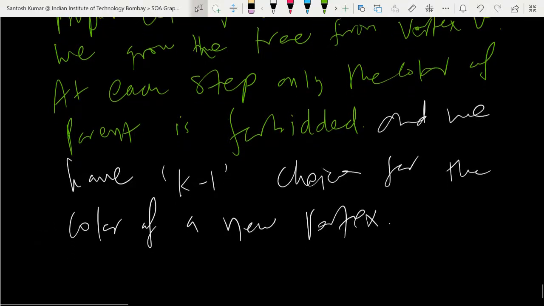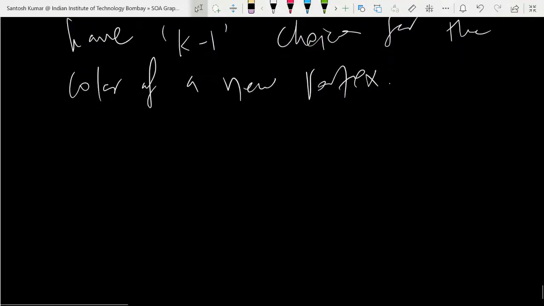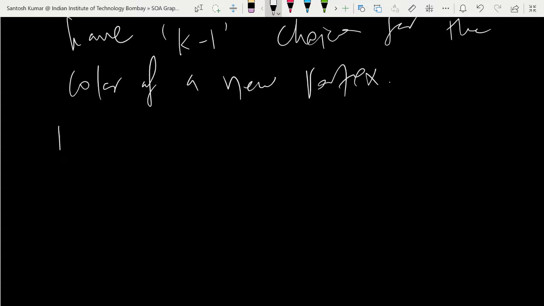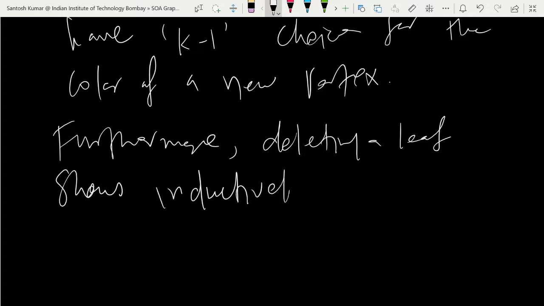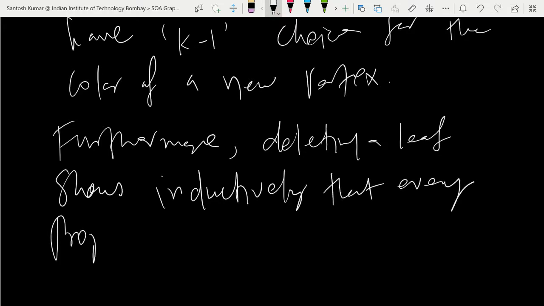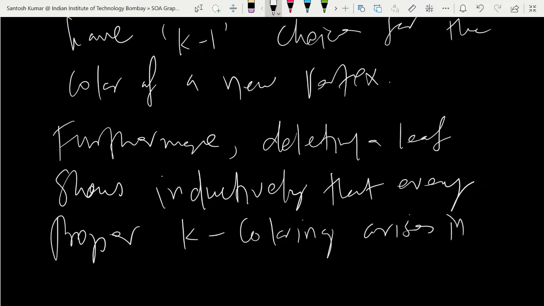And so from this you see that, furthermore, deleting a leaf shows inductively that every proper k-coloring arises in this way.